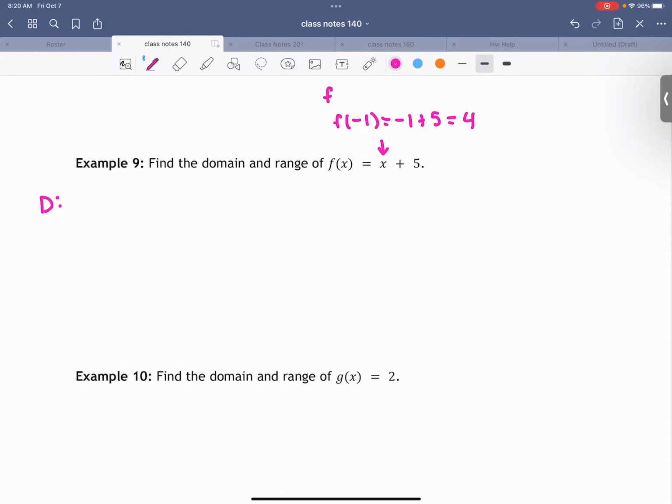Let's see. Let's do a fun one, like 1.618, which is actually called the golden ratio, if you ever heard of it. But let's plug this one in. 1.618 plus 5. That gives us 6.618. Okay, so we can plug in decimals. Is there anything that I can't plug in here?